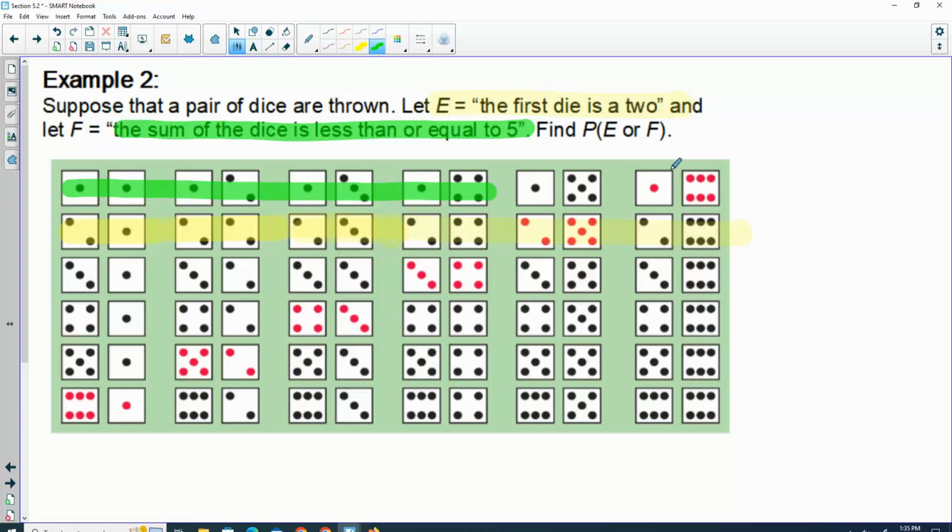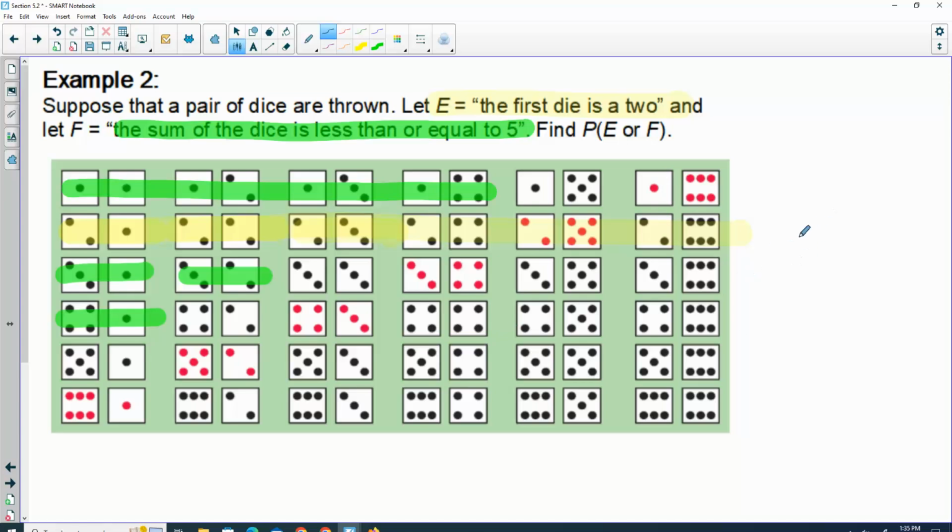I'd have to stop there. I already have all the second row, so I don't need to highlight any more of those. 3 plus 1, 3 plus 2, 4 plus 1, and is that it? Yep.